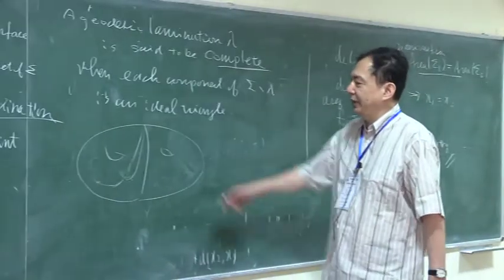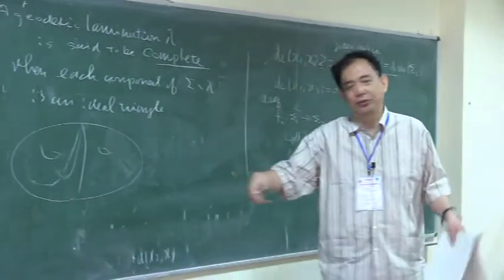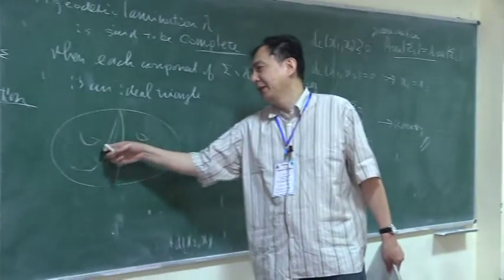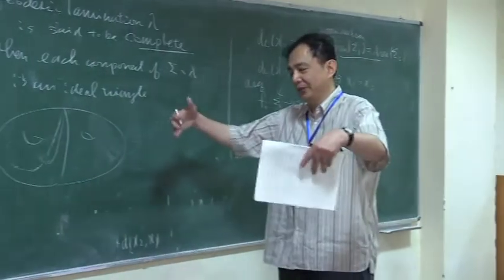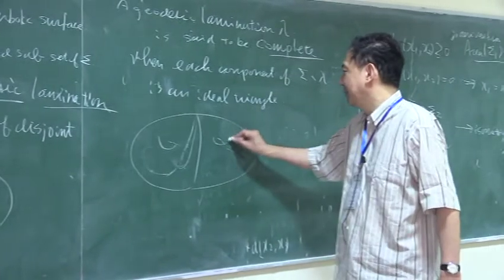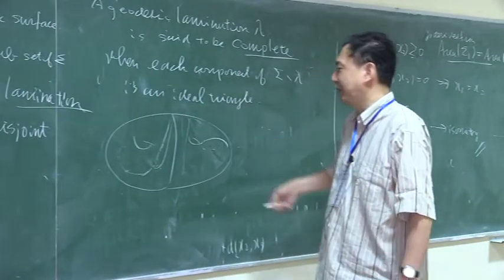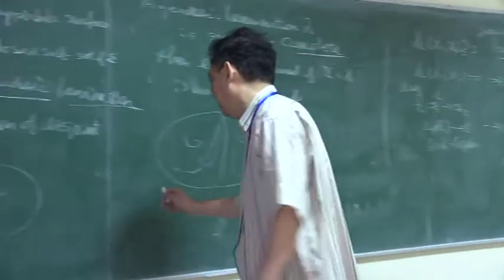Then it's a hyperbolic surface, but an incomplete hyperbolic surface whose frontier is made of points on the geodesic lamination. Suppose you have so many geodesics, maximally. The typical picture is like this.